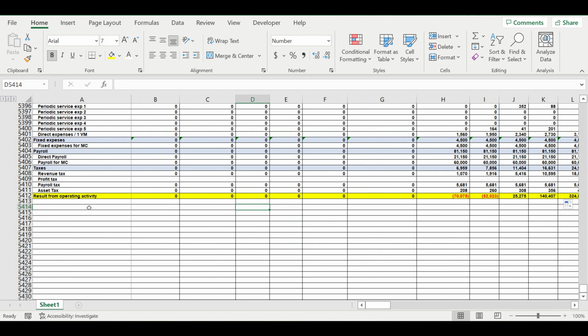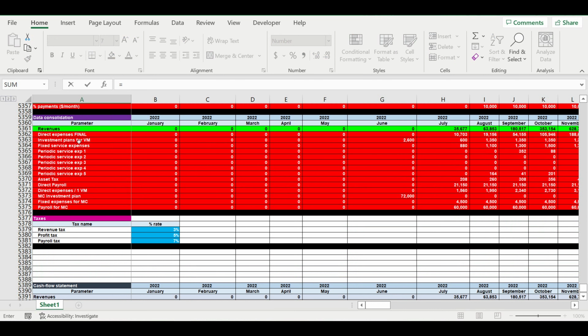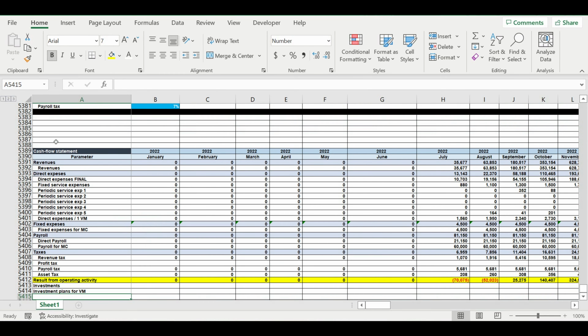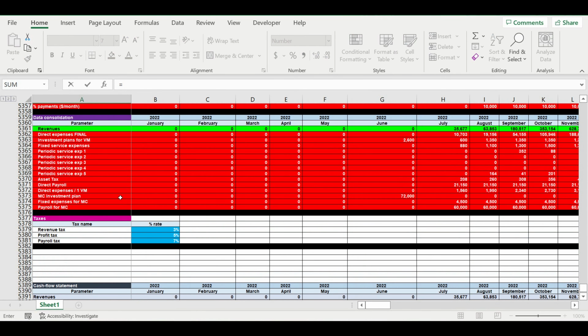Then we are moving to investment activity. For investments we have the investment plan for vending machines, 200 vending machines that are inside our operating activity, and we have the investment plan for the management company.